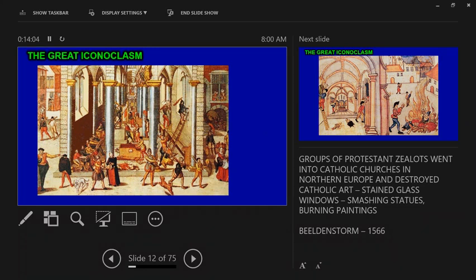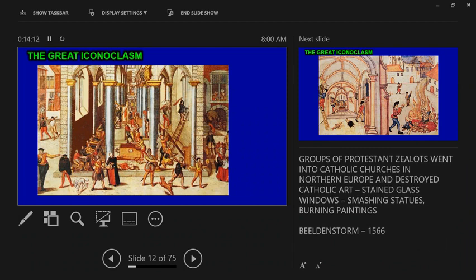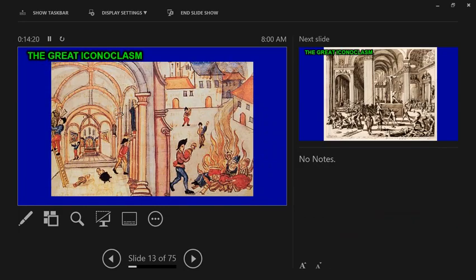So they are destroying paintings, sculptures, stained glass. Groups of Protestant zealots went into Catholic churches in Northern Europe and destroyed Catholic art. This was called Beeldenstorm in 1566.